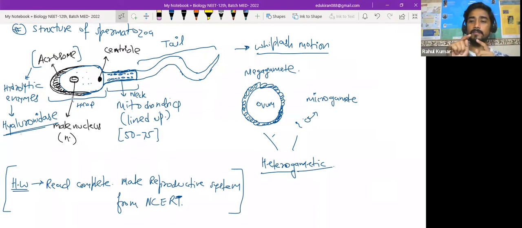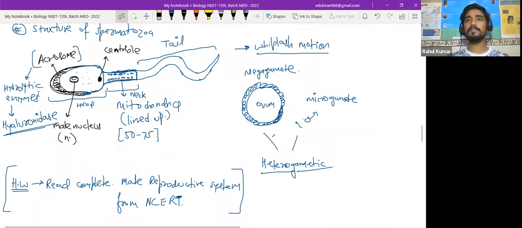Before that, the membrane has layers which protect the ovum, called zona pellucida, a word in NCERT, and corona radiata. All these terms we will study when we come to the ovum. But remember that hydrolytic enzymes are the most important ones.